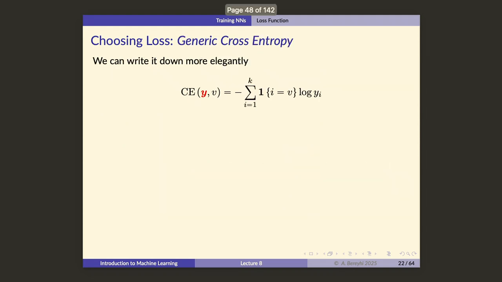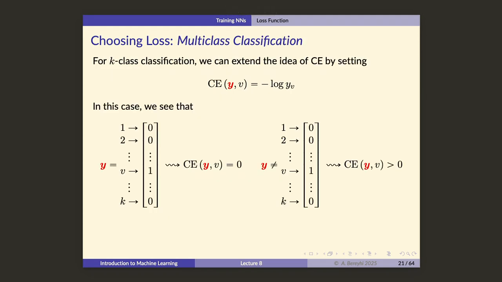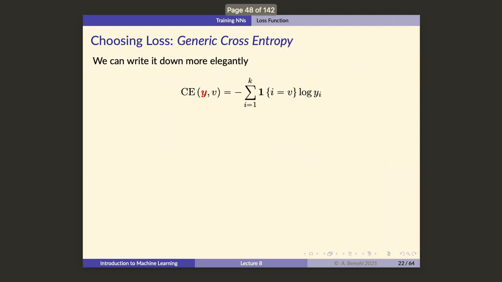Okay, so now we can show this expression in a more sophisticated form. I can write it down again in form of a summation. Here in this summation, I am putting one indicator function. So that 1 I equal by V is going to be 1 if I is exactly V. So if I am really having index V. If I have any other index, that guy is going to be 0.